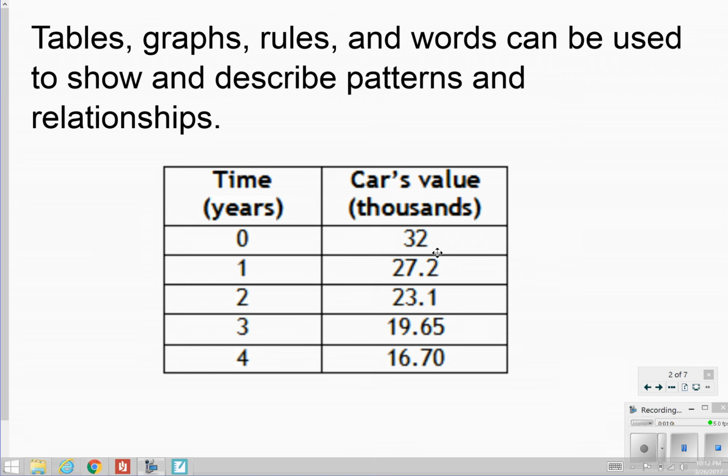So that's quite a drop. And then for every year after that, year 2, year 3, year 4, we can see how the value of the car is consistently dropping. So this is an example where they used a table to compare a pattern to an outcome.